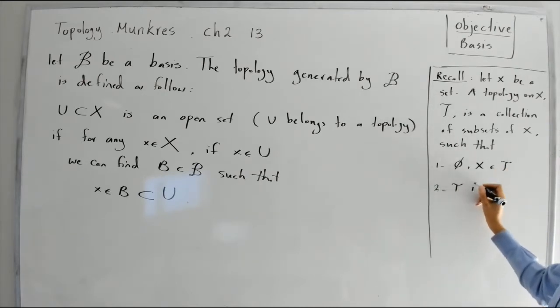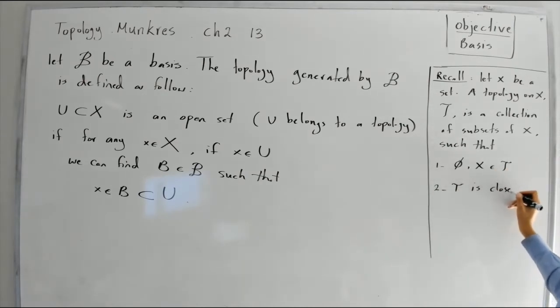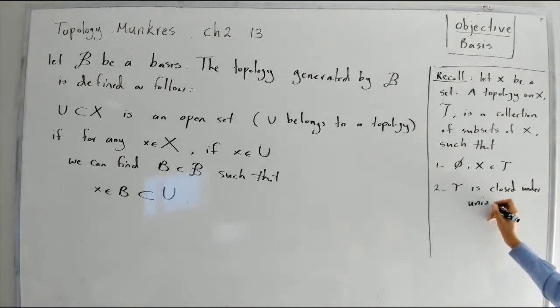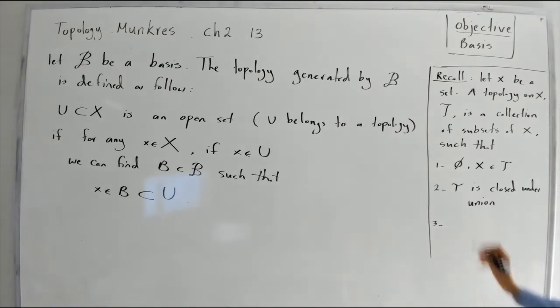Second, tau is closed under union, and third, tau is closed under finite intersection.